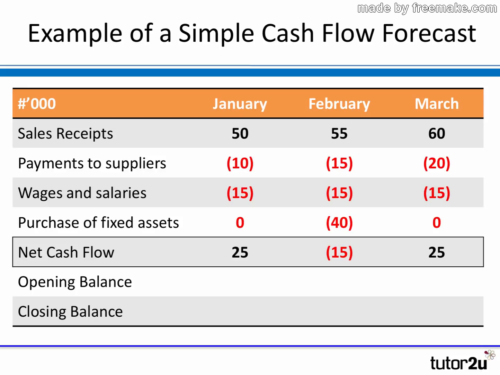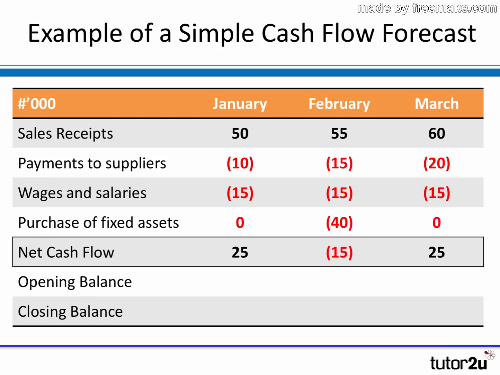However, in February, it's not so good. We had inflows of 55, but we had a total of 70 outflows there, including that 40 of fixed assets. That means that if you add together the sales receipts and all the payments, there was a net cash outflow of £15,000. And in March, we were back to positive again, a net inflow of £25,000. That's the key part of a cash flow forecast, to work out the net cash flow.